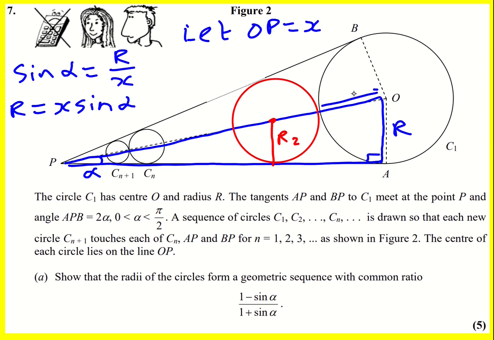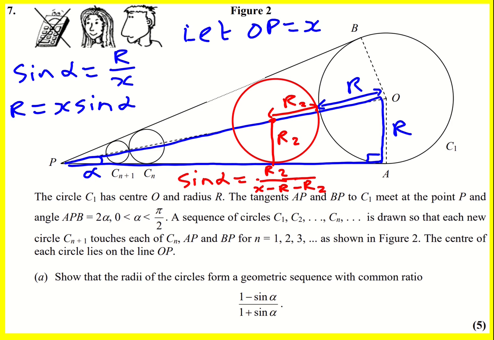By the way, this length is also r. This length is r2. And I've got a triangle here that I can see. And therefore sine alpha is equal to r2 over that full amount, x, but then I'm minusing r, and I'm minusing r2 from it.